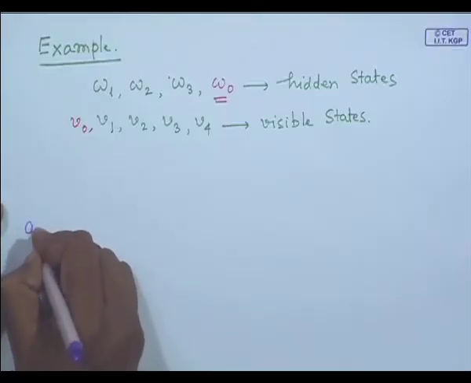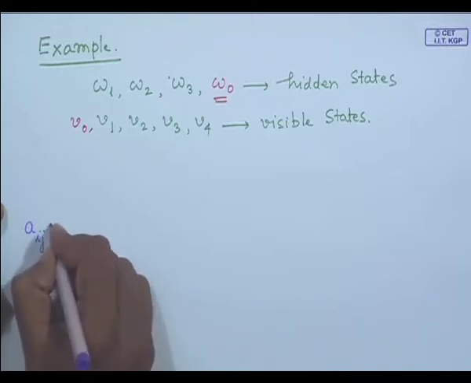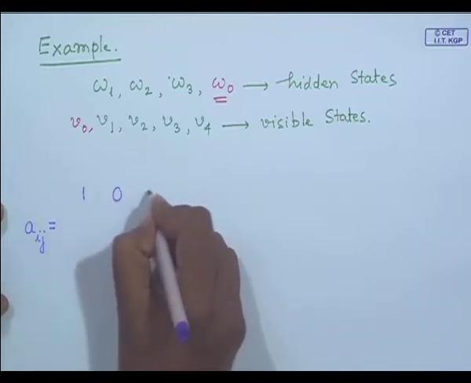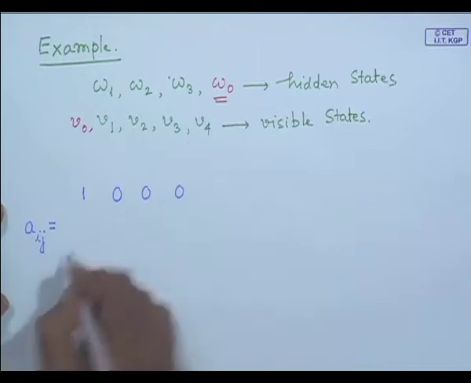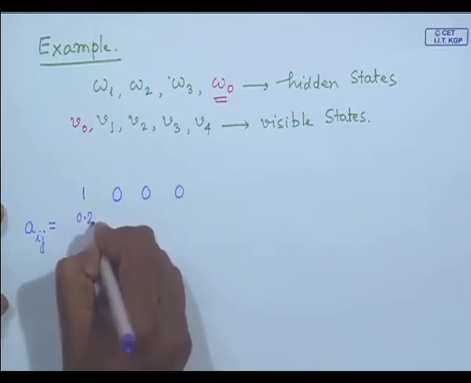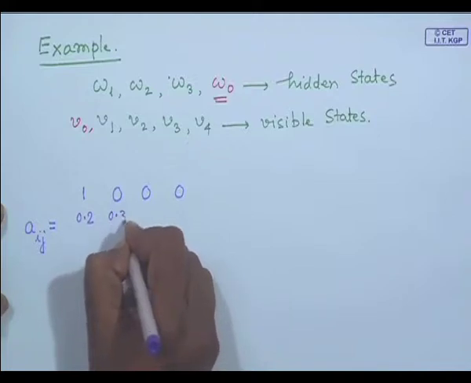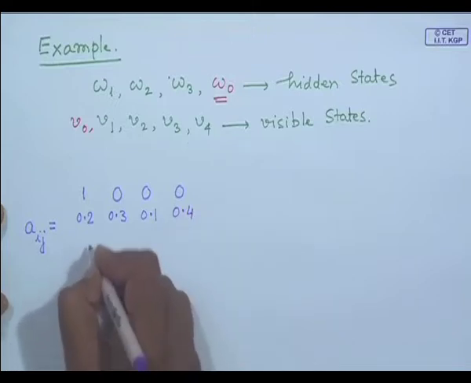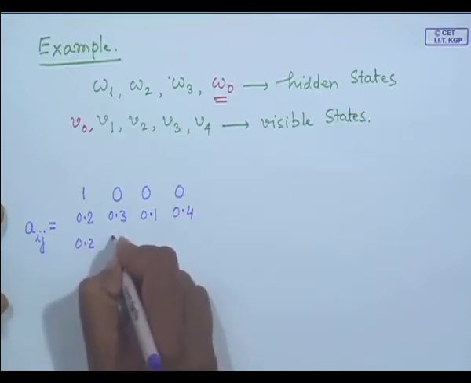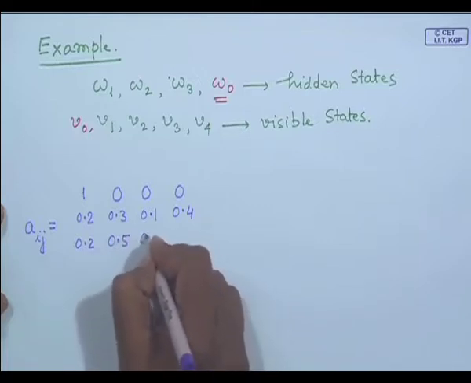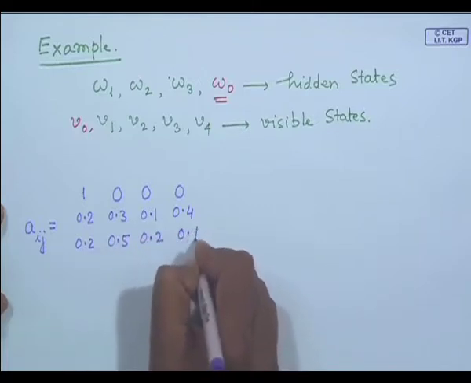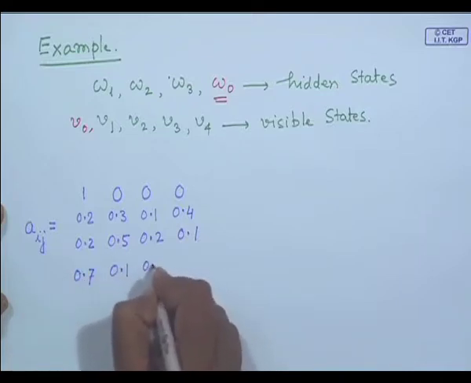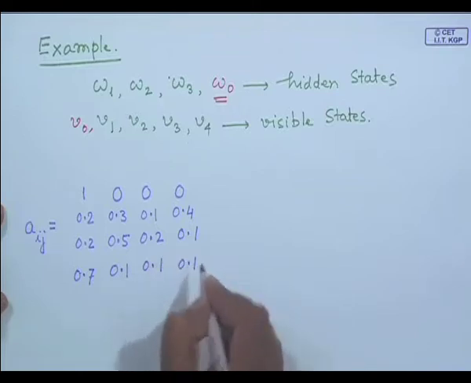Let me assume that A i j is specified as 1, 0, 0, 0, then say 0.2, 0.3, 0.1, 0.4, 0.2, 0.5, 0.2, 0.1, 0.7, 0.1, 0.1 and 0.1.